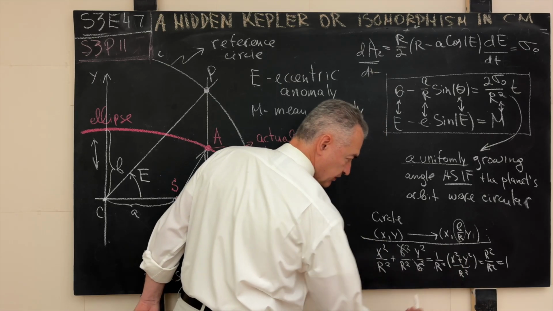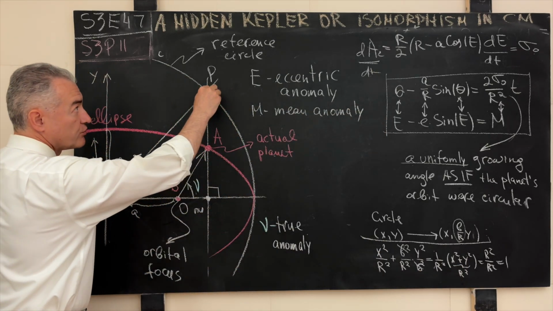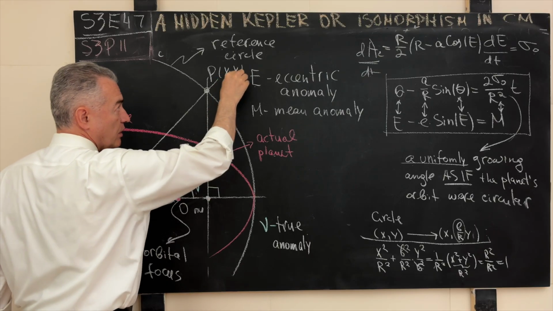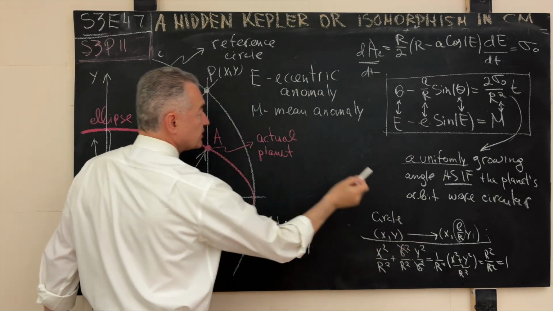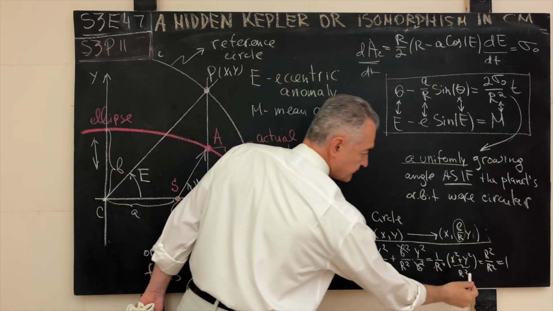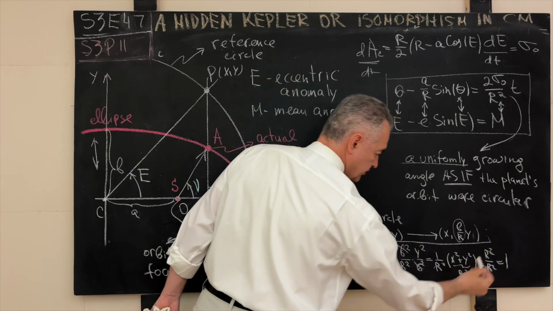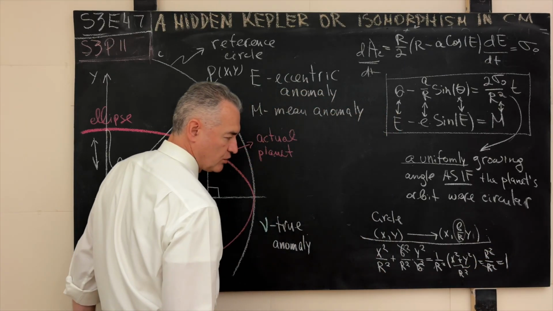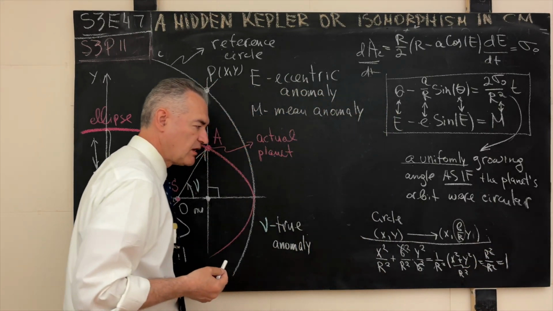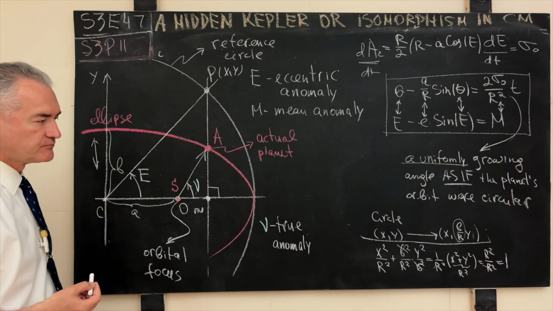But x squared plus y squared is a point somewhere on the circle, (x, y), you see. So the sum of x squared plus y squared is r squared, and r squared in the numerator and denominator cancel out. We get 1, and we have our equation of what? Of an ellipse.